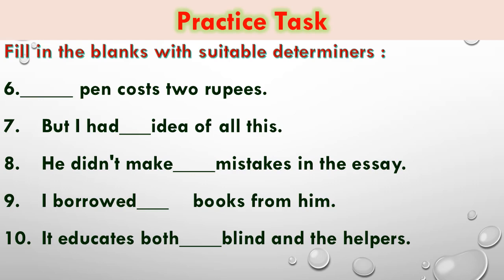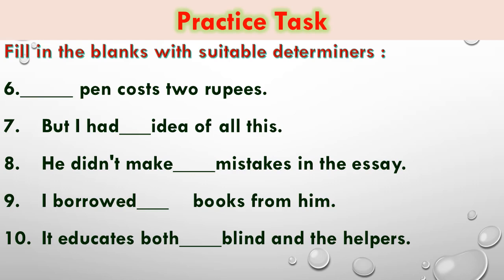Okay students, I hope you all are writing down while I was speaking. Let me repeat the blanks once again so that you can note down all the blanks easily. Sixth blank is dash pen cost 2 rupees. Next is but I had dash idea of all this.